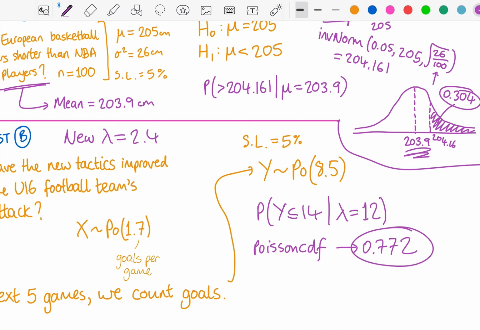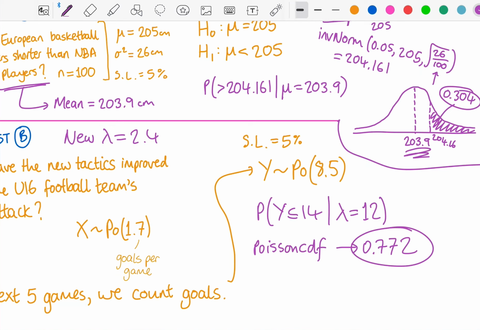That is our probability of type 2 error here, which is the probability that, given some new information about an actual improvement in our team's attack, in our 5-game sample we did not see enough evidence to spot that improvement, and we went with the previous null hypothesis anyway. That is shown to be 0.772 in this case. Sometimes those type 2 errors can be quite high percentages, so don't be alarmed.